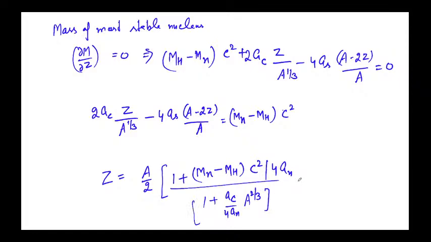So when we put all these energy constants, the value of Ac over 4 times the asymmetry term comes out to be 0.0078, and (mn minus mH) c square over 4 times the asymmetry term is 0.082.